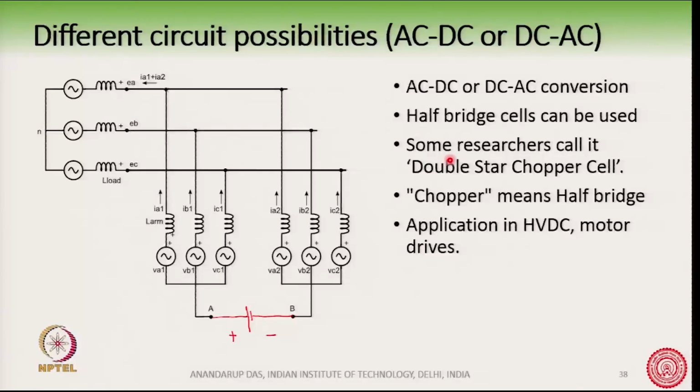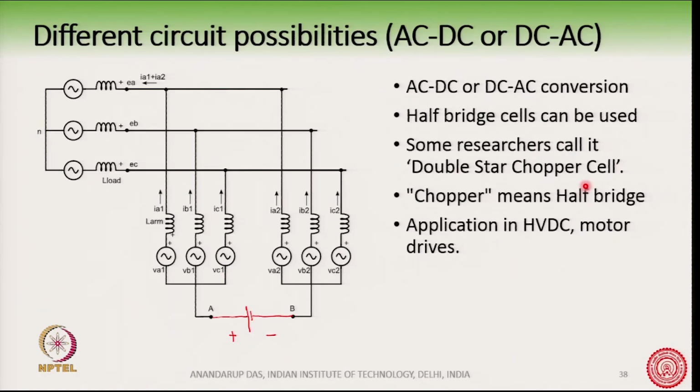So, I would like to introduce you that sometimes people call the half bridge a chopper and the full bridge a bridge. Okay. Some researchers call this topology, that is the conventional MMC for AC to DC or DC to AC application, a double star chopper cell converter. Chopper cell you can understand because it is made up of half bridge, but why double star?